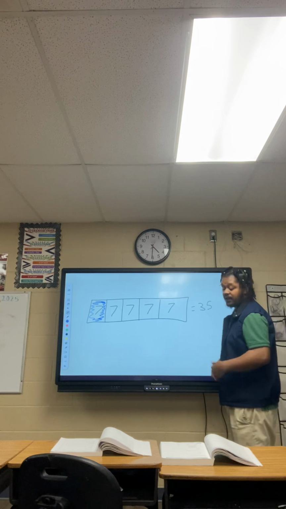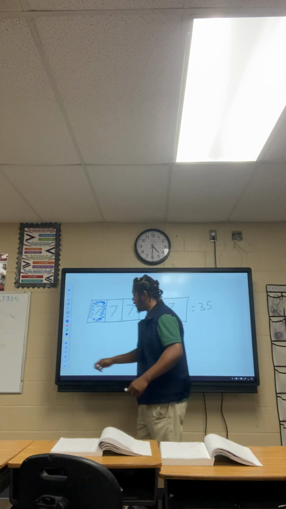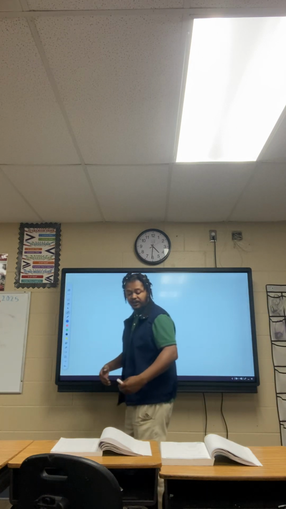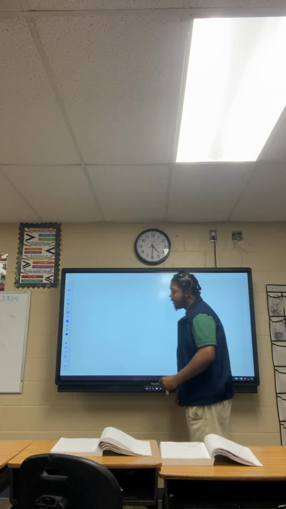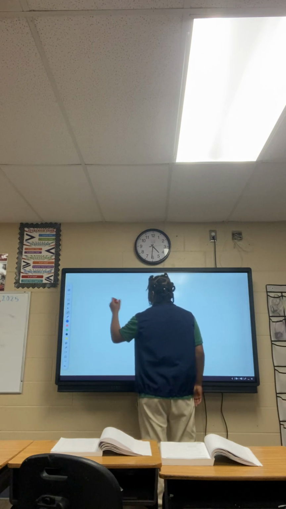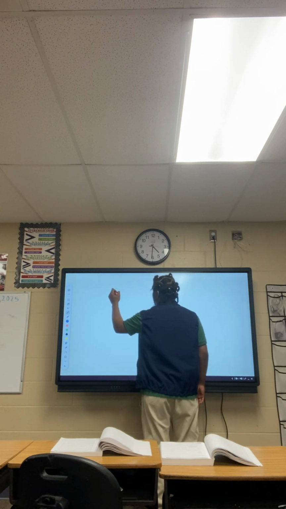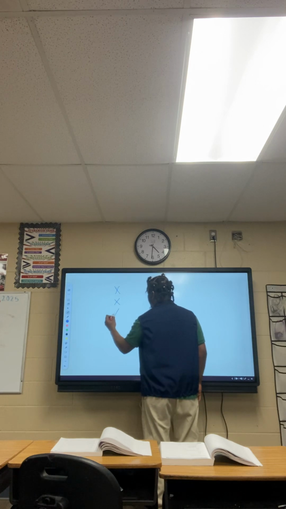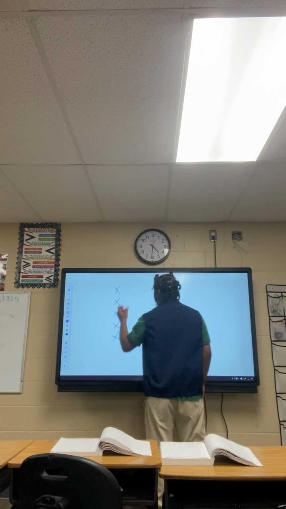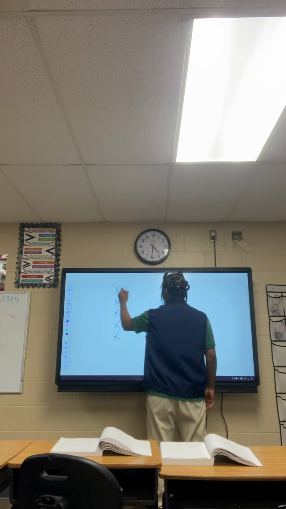Now I'm going to draw it the way you see it in your book. They drew a real figure, they didn't draw a tape diagram. So here we go, we have 1, 2, 3, 4, 5 rows, and they all have 7 in them.